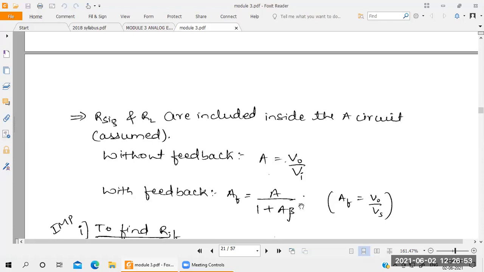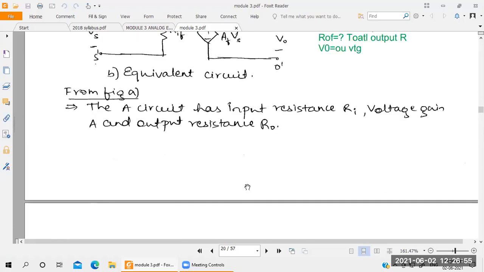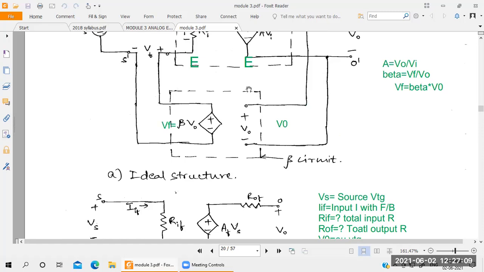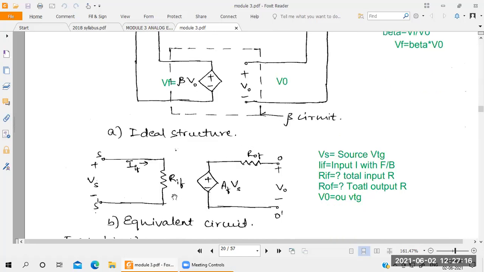Understood? So after writing A and AF here, you write one more equivalent circuit here. So this one is the equivalent circuit. Now RIF and ROF. See here, this feedback you have to neglect. Then write it in an equivalent circuit here.